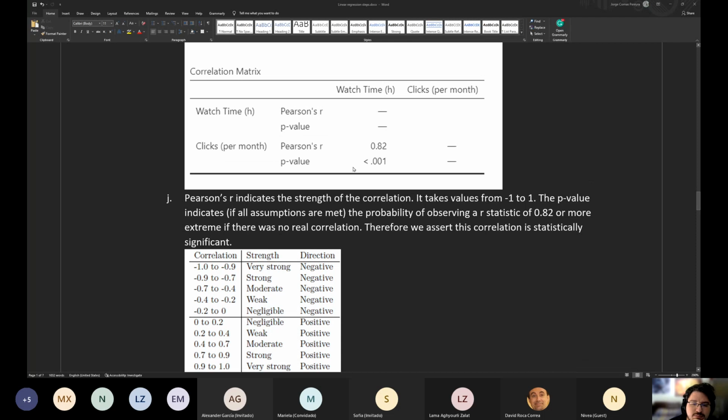Now, the p-value is the probability of that correlation under the null hypothesis that there's no correlation. This p-value is the probability of observing this number or one more extreme, okay? Taking into account that Pearson's R can go from -1 to 1 for negative and positive correlations.